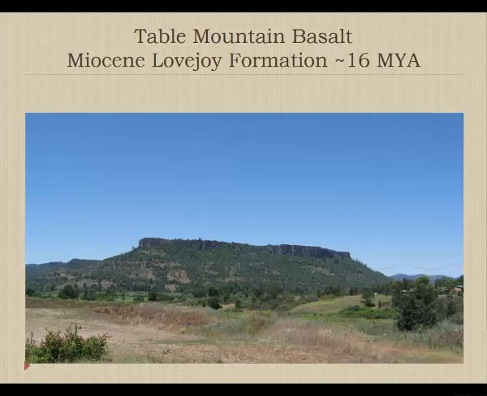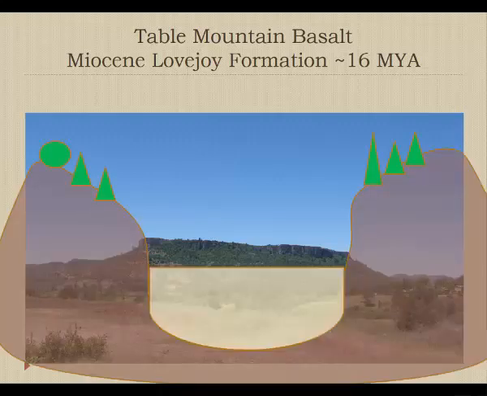In this case, there was a volcano in the area of modern-day Susanville that spewed this runny lava out, and it traveled significant distances across the landscape, and it pooled up in low places, like in river channels that existed at the time.